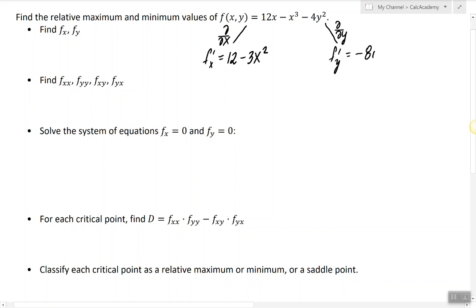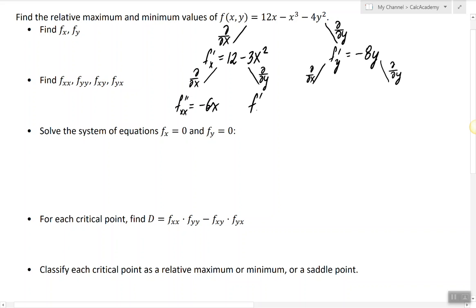simply negative 8y. Now we differentiate each of the partial derivatives again with respect to x and with respect to y to find the second partial derivatives, and the derivative of the function with respect to x twice will be equal to negative 6x.